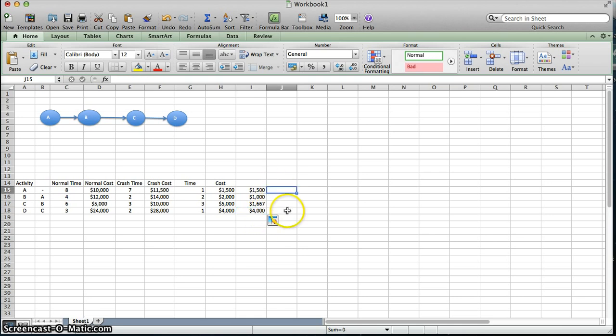So now if I were to ask you to shorten this project 1 day, well, because they're all on the critical path, we would go with the cheapest one. For 1 day, I would crash activity B because it's only $1,000.